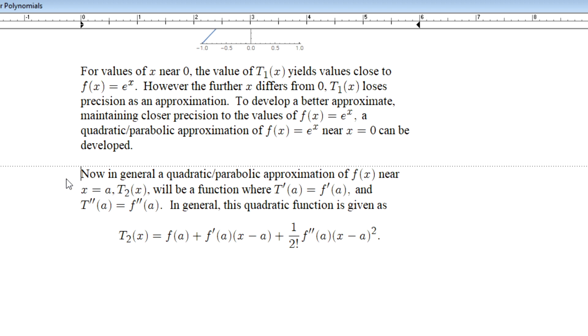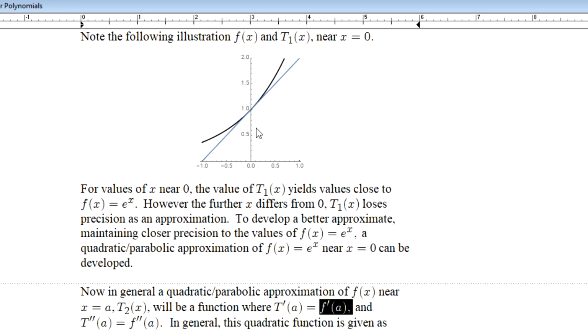And it is very similar to how we found the linear approximation. To begin with, we'll note, in general, a quadratic or parabolic approximation of a function near x equal to a, we'll call it T sub 2 of x, will be a function where what's unique about it is that its first derivative at the value of a will equal f prime of a, and that is what we see is true up here in the linear approximation.